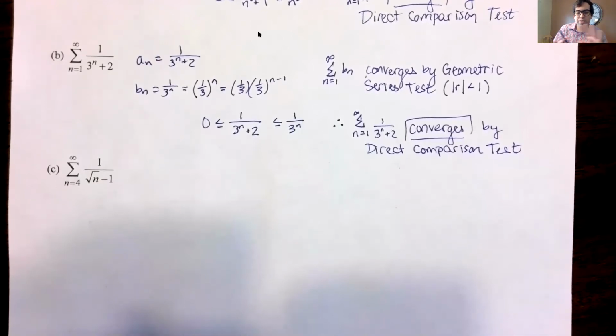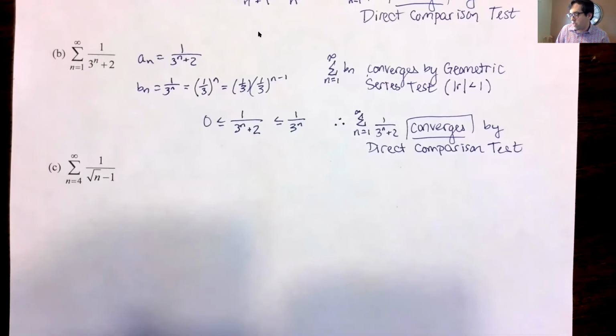But besides the point, chopping off a couple terms at the beginning of your sum does not change whether it converges or diverges, right? If I have an infinite sum that sums to infinity and I take off the first 3 terms, the rest is still going to add up to infinity. If I have a sum that sums to 5 and I chop off the first 3 terms, that's not going to suddenly now sum to infinity. It's just going to add up to something a little bit less, but it'll still converge.